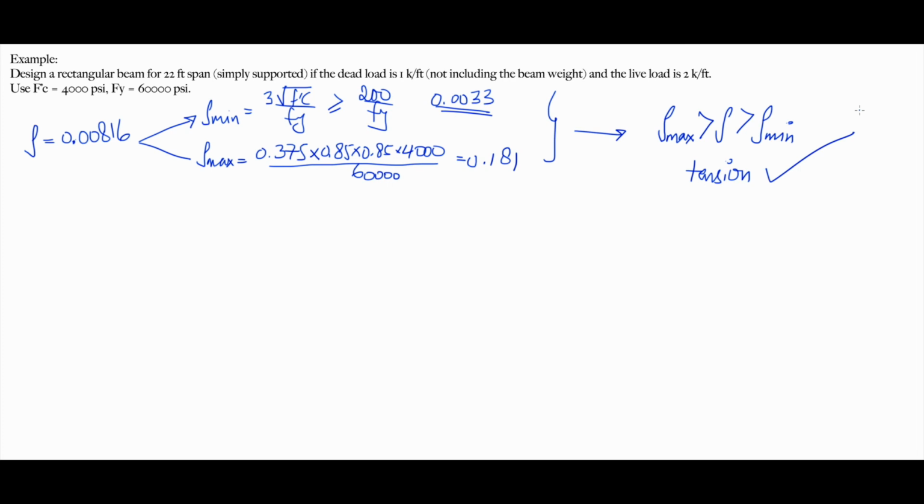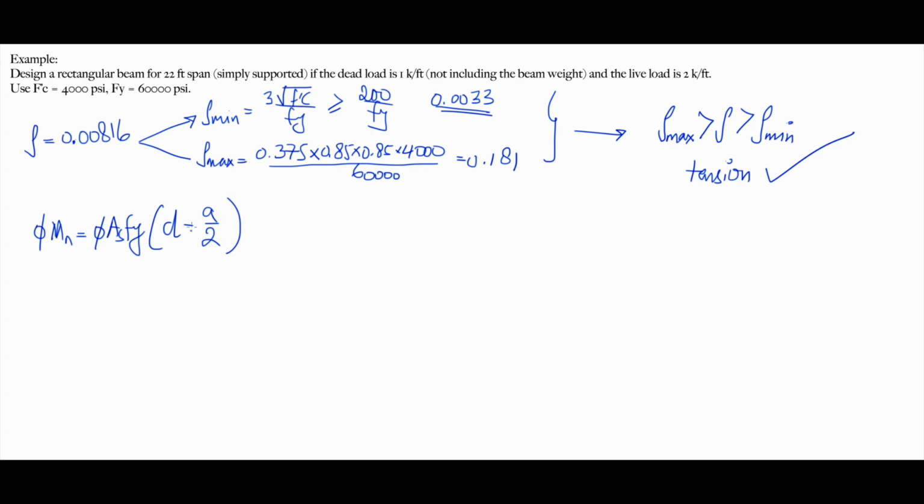So let's now compare the capacity and the demand. We know that the capacity, phi Mn, from the previous equation, I can simplify, is phi multiplied by As fy times d minus a over 2, right?